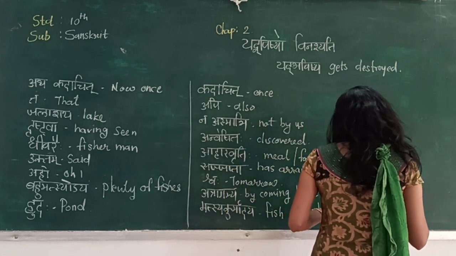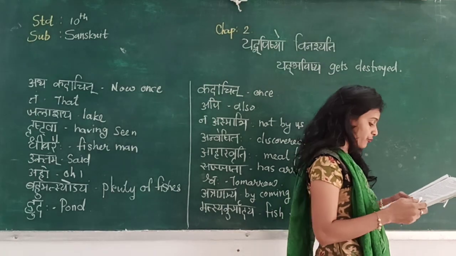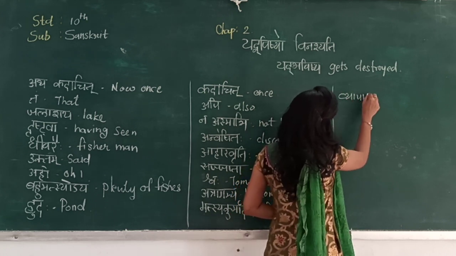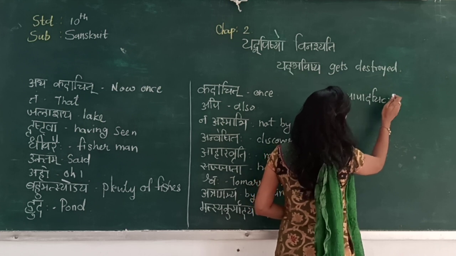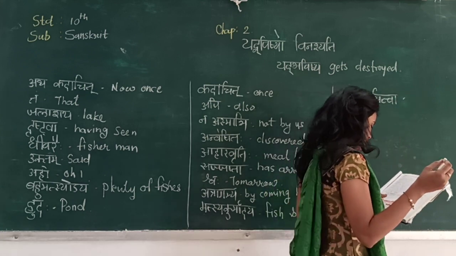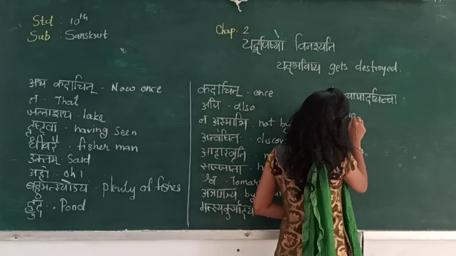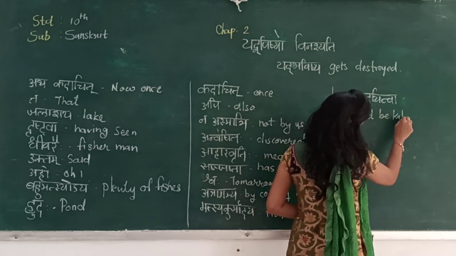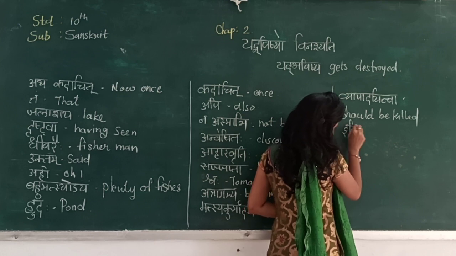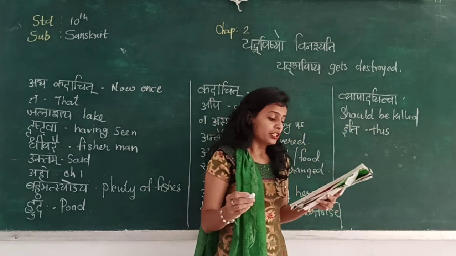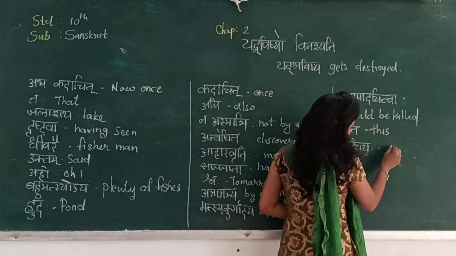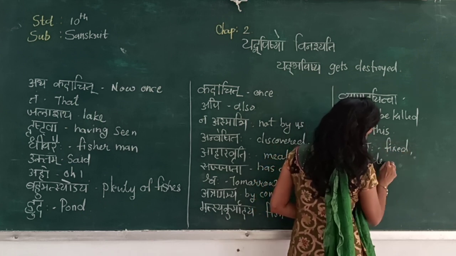Vyapadayitva means should be killed. Iti means this, and nishchayah means fixed or decided.